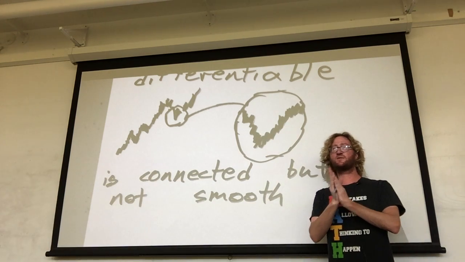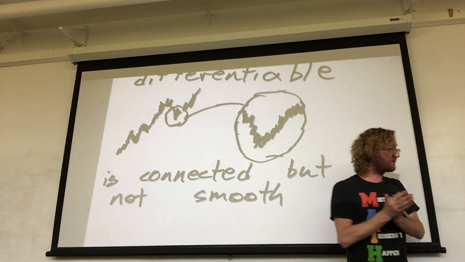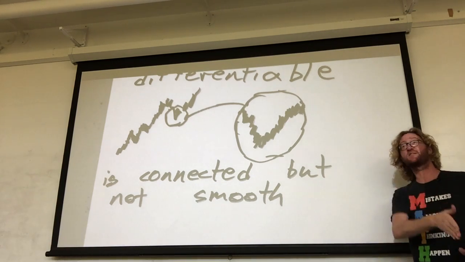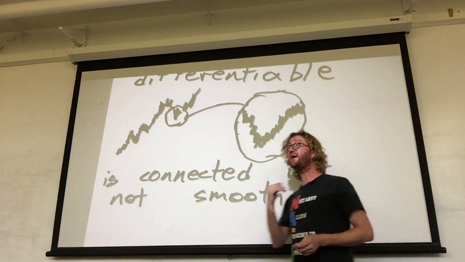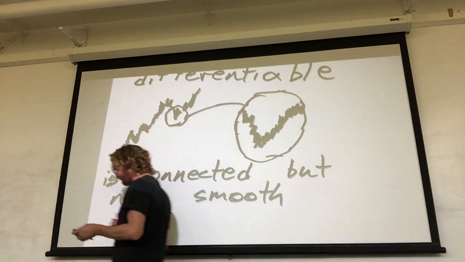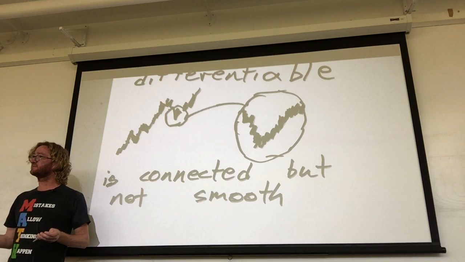So this normally goes into what conditions are actually stronger, okay? So, if a function is differentiable, which is a stronger condition, it has to be continuous because continuity is a weaker condition than differentiability, okay?